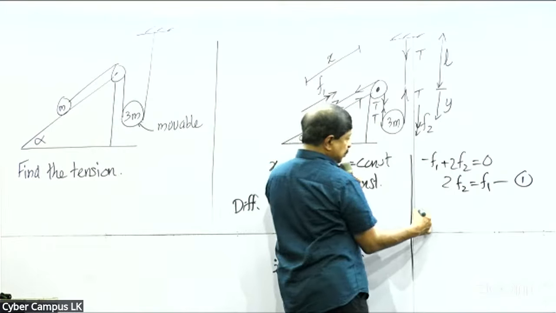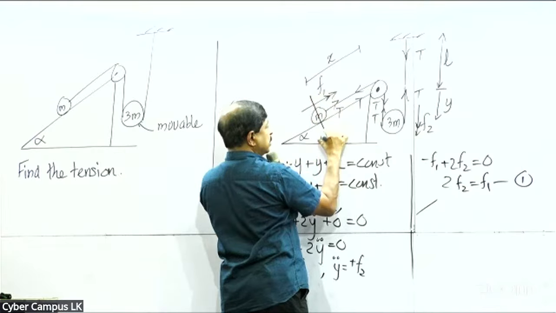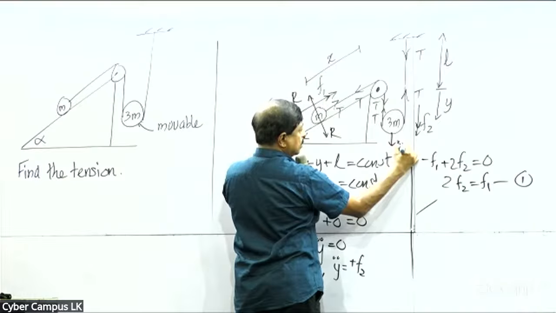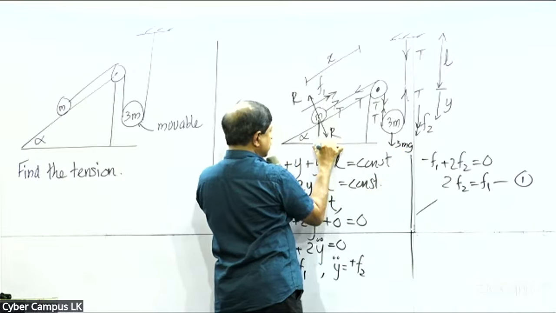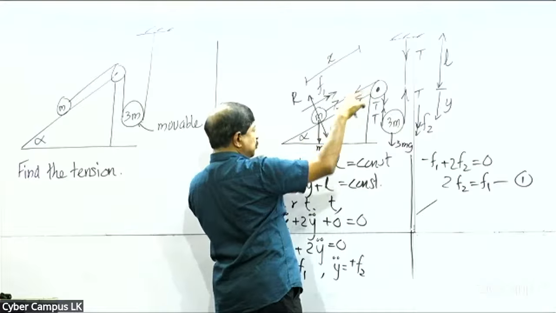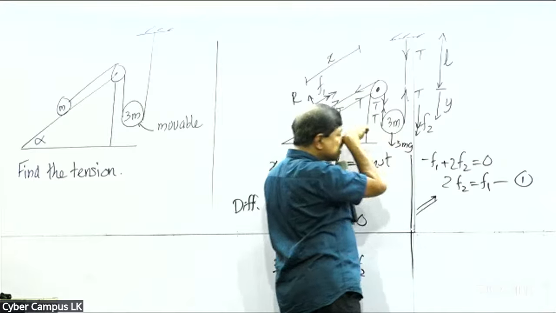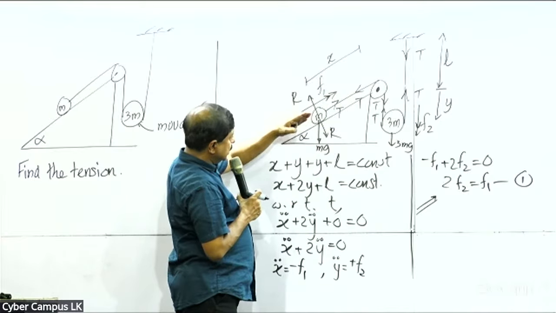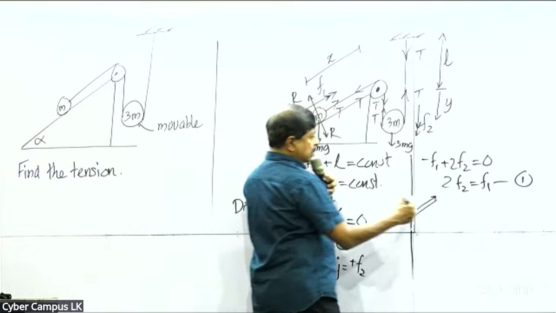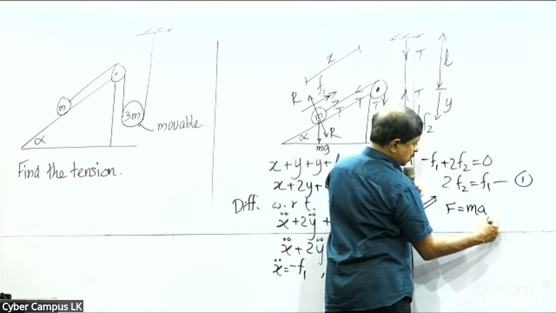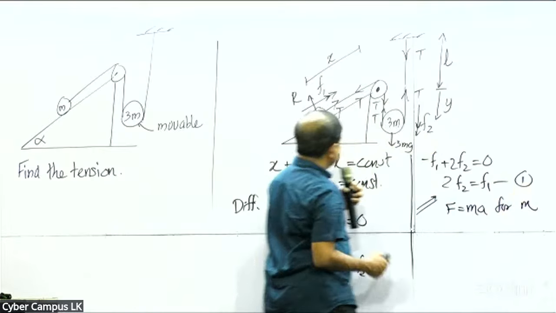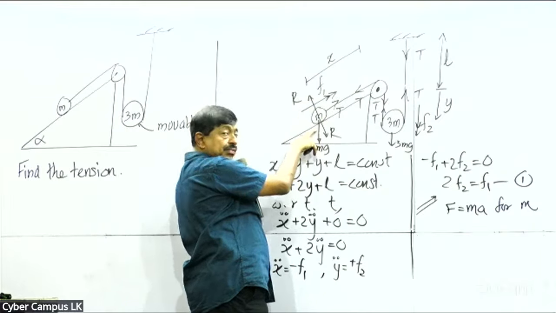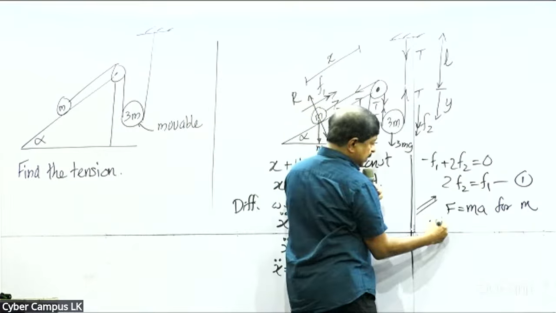If you apply Newton's law to this, I have forgotten this R, and this is 3mg. This is mg. So if you apply it along the string, or along the inclined plane, for m, you have T minus mg sine alpha, because this is 90 minus alpha, and cos of 90 minus alpha is sine alpha.